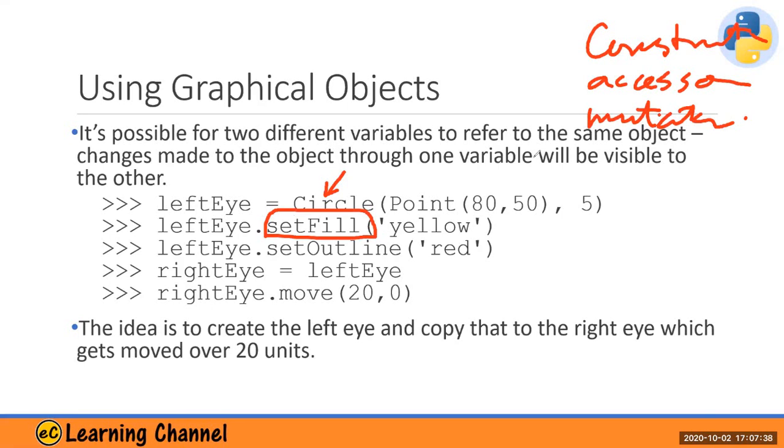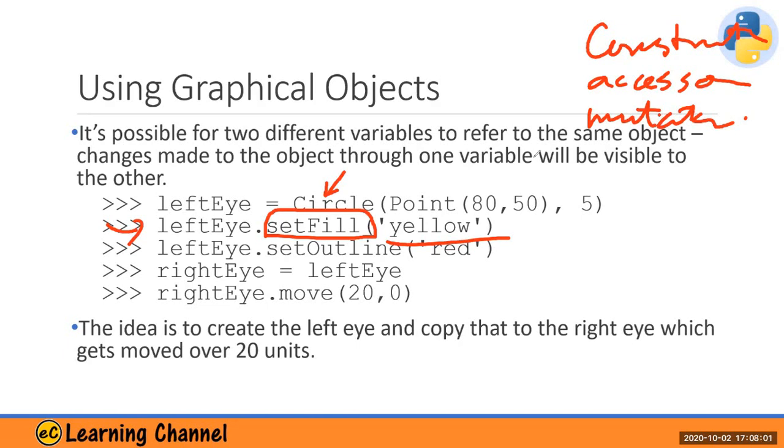Isn't it an accessor? No, it's a mutator because it updates the color to yellow. So left eye has a property, you change it, so it's a mutator. Mutation means change, like mutation of DNA, you change it.